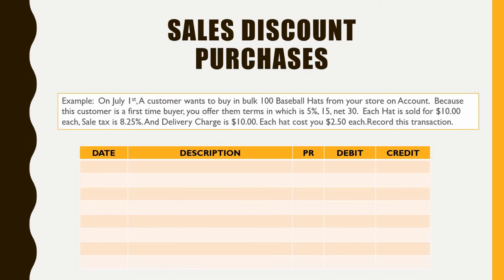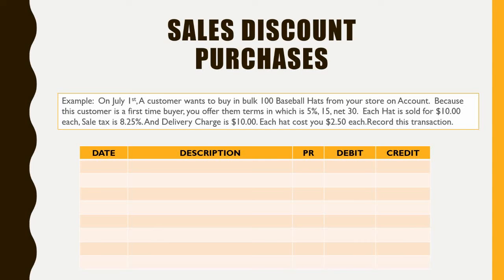Okay. All right, and then the last one is going to be what happens when you actually give your customers the opportunity to take advantage of a discount by giving them terms. So this one, for instance, again, we have the example where on July 1st, your customer wants to buy in bulk 100 baseball hats from you.